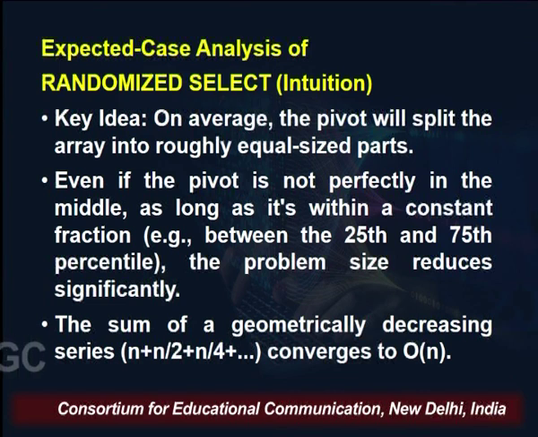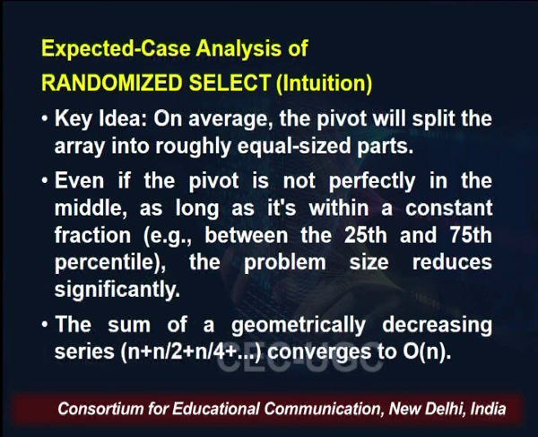So even if your pivot is not perfectly in the middle, as long as it is within a constant fraction, for example between the 25th and 75th percentile of the array, the problem size reduces significantly, because not one element but a portion of the array is being discarded from forming the next level of the problem. And the sum of the geometrically decreasing series converges to order n.